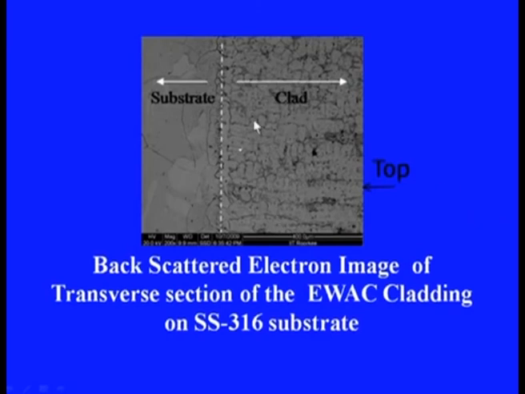This is the cross section of how the clad looks. We can see this is the stainless steel substrate, and this is the clad material, and we can see there is a very smooth transition at the joint. That means the metallurgical bonding has taken place between the substrate and the clad material.